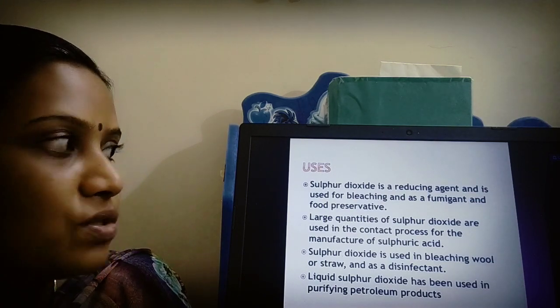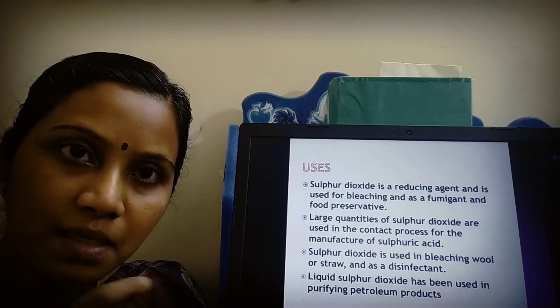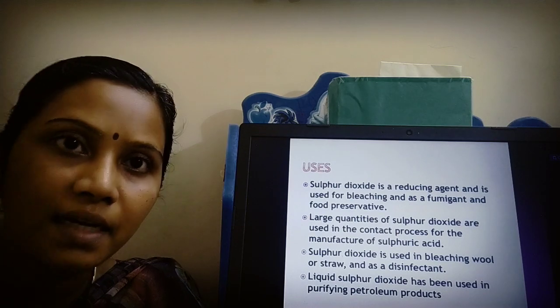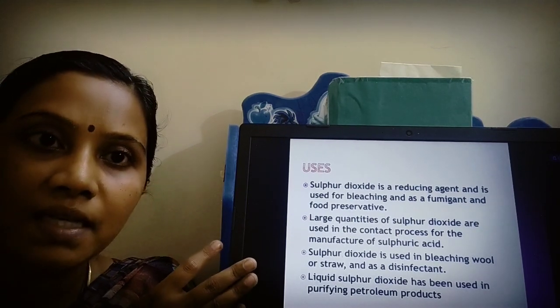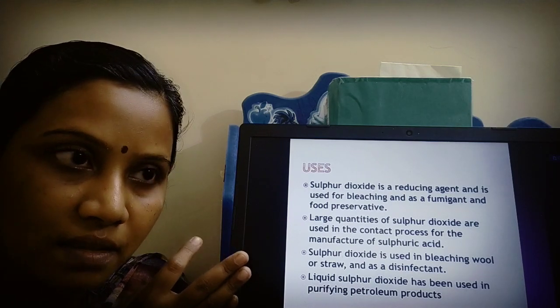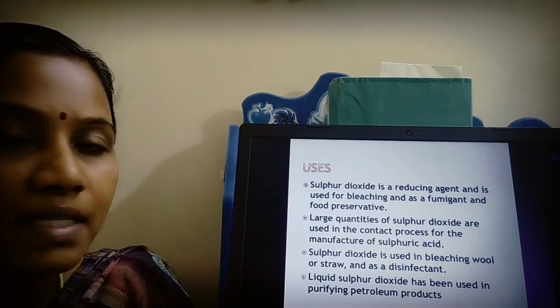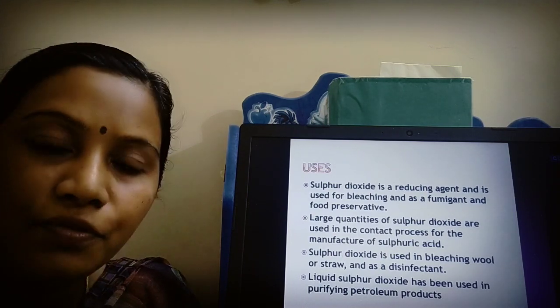Moving to the uses of sulfur dioxide, as we have seen the last application of sulfur dioxide as a reducing agent which helps in decolorizing potassium permanganate solution. So our first use is based on the reducing action of sulfur dioxide. It is used as a bleaching agent, as well as a fumigant.